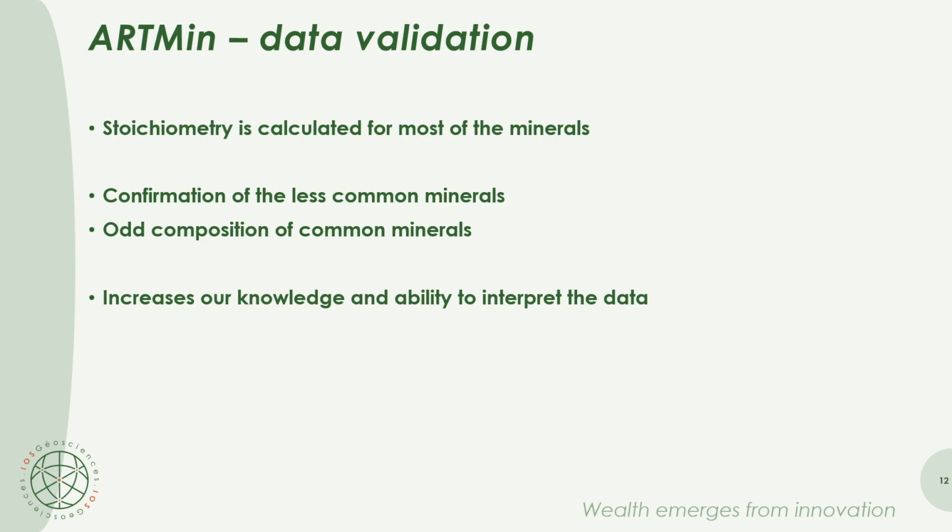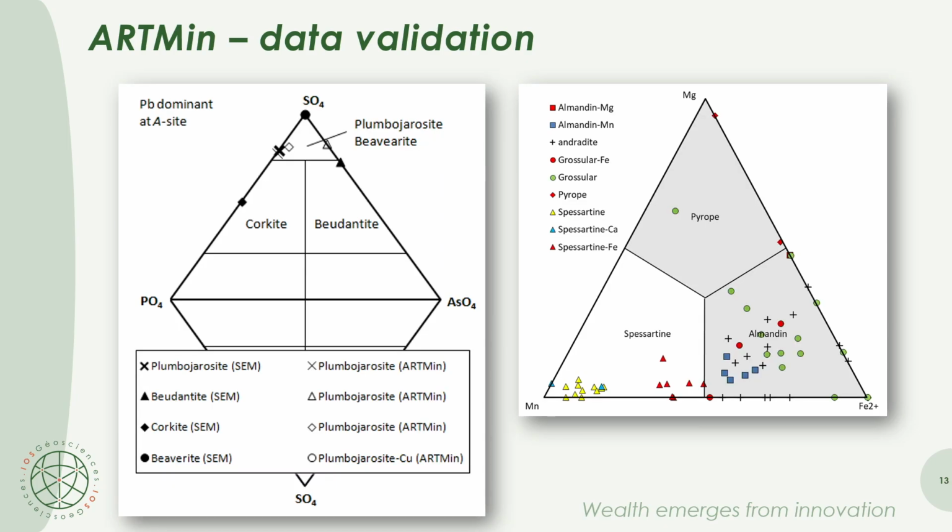Like I said, if you have ilmenite, then you can pick up traces of manganese or zinc in it. So it increases our and your knowledge, and you can interpret the data with more confidence. So that's just an example of what we do. We put everything in graphs just to make sure it makes sense.